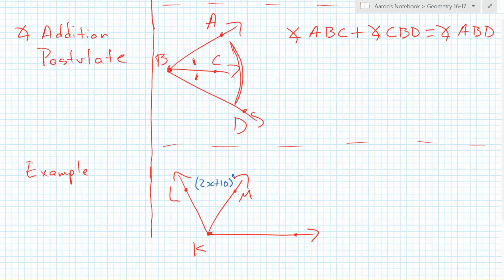We'll say that MKN has a measure of 4x minus 3 degrees. And we'll also say that angle LKN has a total measure of 145 degrees. Now, we're going to use our angle addition postulate, and so we're just going to write that out to start with.